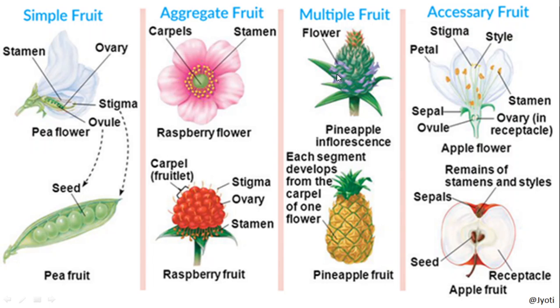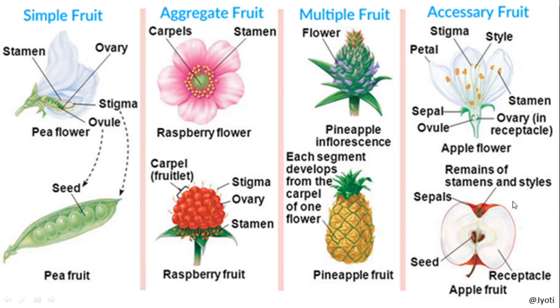When it develops into a fruit, the whole inflorescence gives rise to a single fruit. Each segment of the fruit develops from the carpel of one flower. The ovary of each flower contributes to each segment of this fruit. I think it is clear to you. That's why it is called multiple fruit.